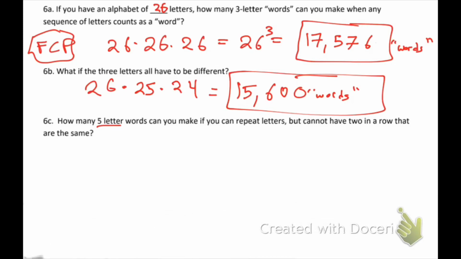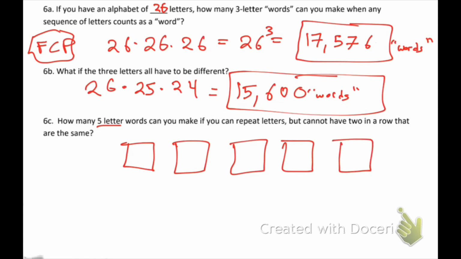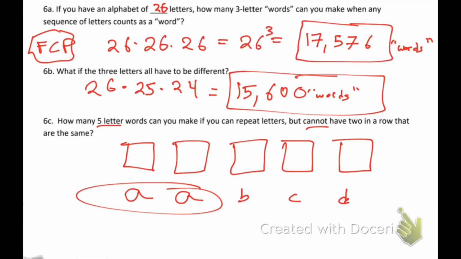So I'm looking for a 5-letter word. 1, 2, 3, 4, 5. But I cannot have 2 letters in a row that are the same. So if I went A, B, C, C, D, this would not work because these 2 letters are repeating.